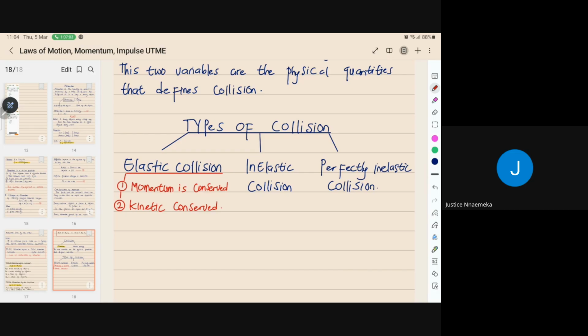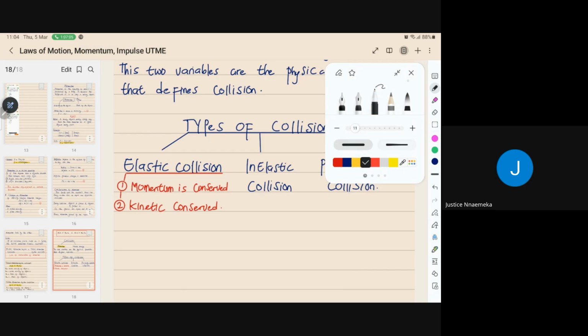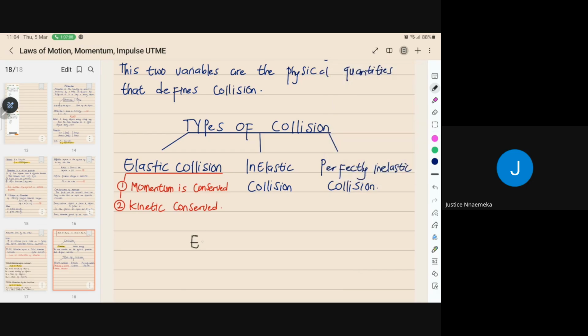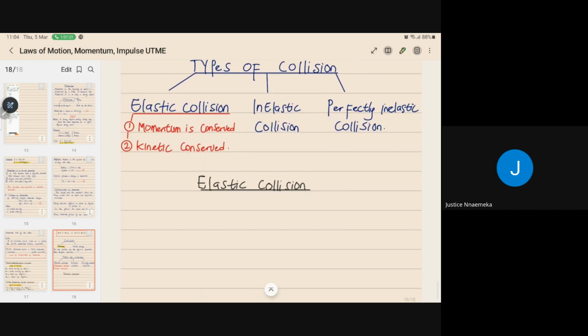So let's build on elastic collision. I've said that momentum is conserved, right? For elastic collision, it requires that they separate after collision and everybody goes their own way after that collision. So nobody sticks to each other. They just collide and everybody goes its own way.